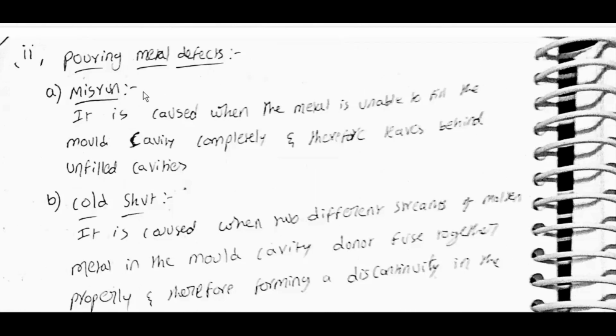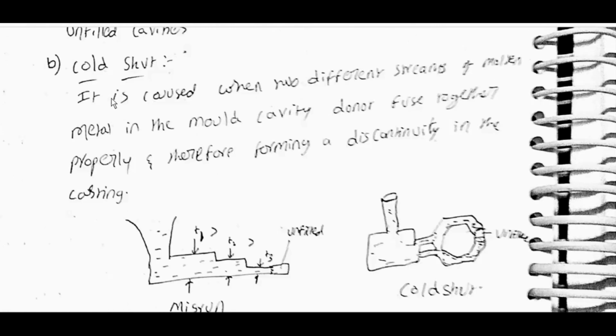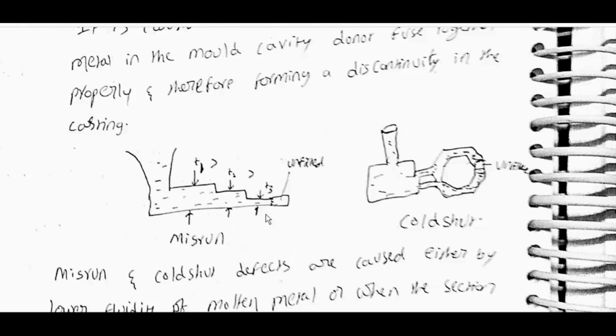Pouring metal defects. Misrun is caused when metal is unable to fill the mold cavity completely and therefore leaves behind unfilled cavities. Cold shut is caused when two different streams of molten metal in the mold cavity do not fuse together properly, therefore forming a discontinuity in the casting. Misrun: it will go till here, then stop, leaving an unfilled cavity.